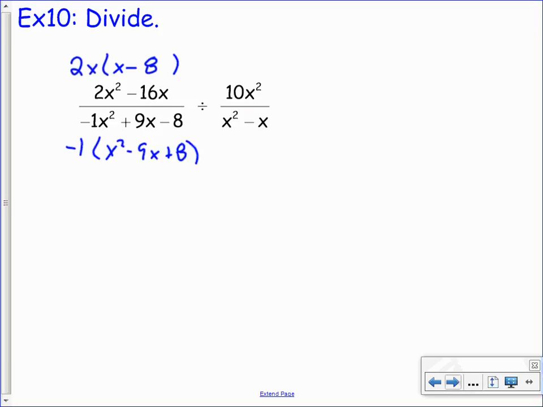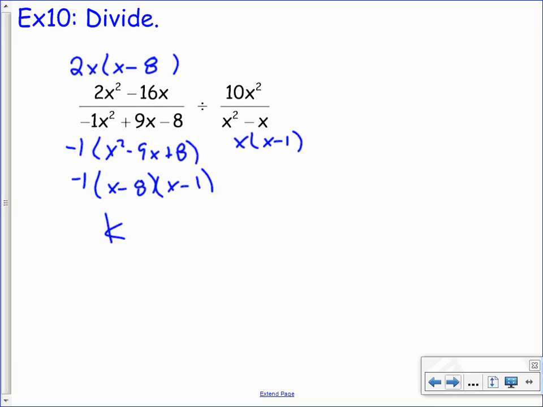Which factors into x minus 8, x minus 1, right? And then this bottom one is x times x minus 1. You can go through and factor everything first, then keep, change, flip. You can't cancel until you do though, right?